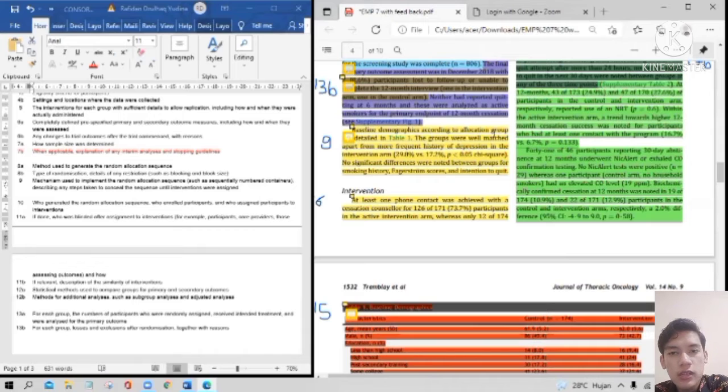The groups were well matched apart from more frequent history of depression in the intervention arm.